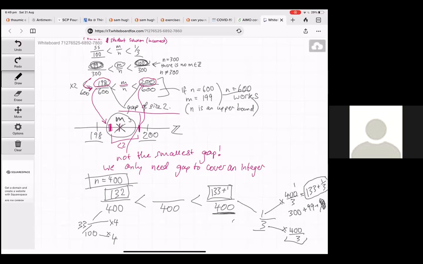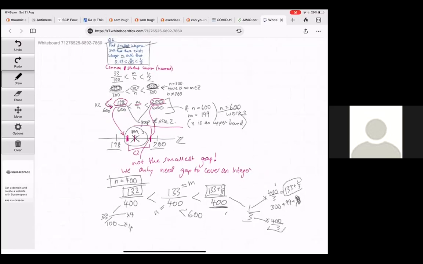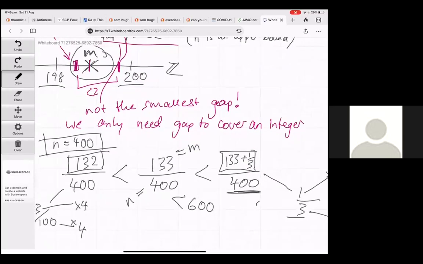Okay. And clearly the integer that we can choose between these two values is 133. So that means that if n is equal to 400, then 133 can be chosen as m. And this is already smaller than 600. And so that's why the solution above is not right.